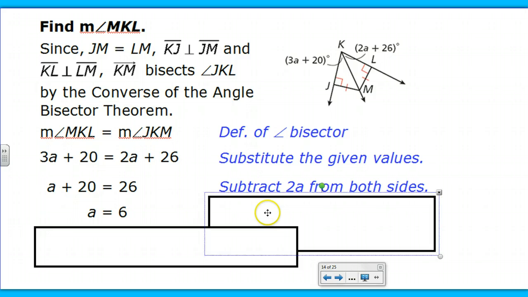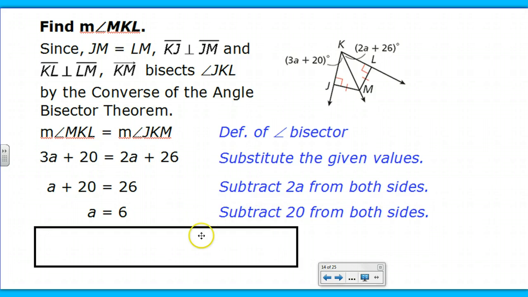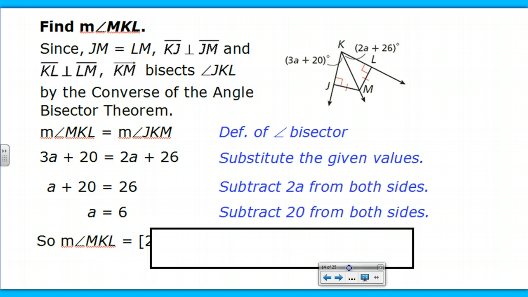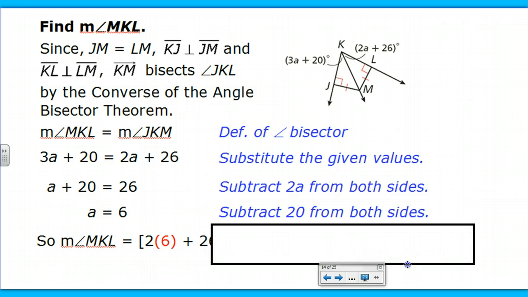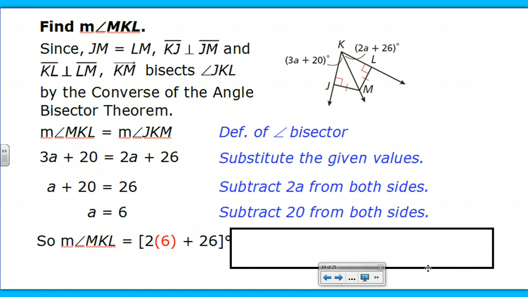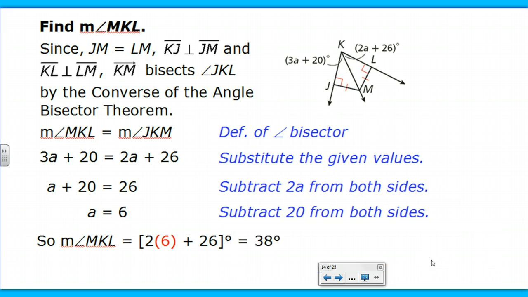And we have A equals 6. And so if we are going to find the measure of MKL, we substitute the value for A into that expression, right? So we will substitute 6, and as I'm sure you know, the measure of angle MKL is 38 degrees.